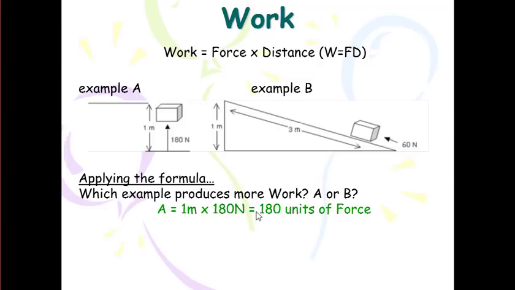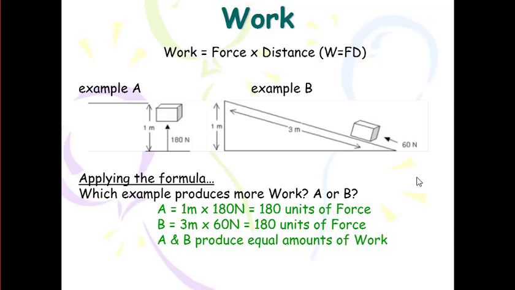That's 180 units of work. Example B, we have 3 meters of distance and 60 newtons of force. So you multiply those. 3 times 60, 180. So A and B are each 180. They produce equal amounts of work.